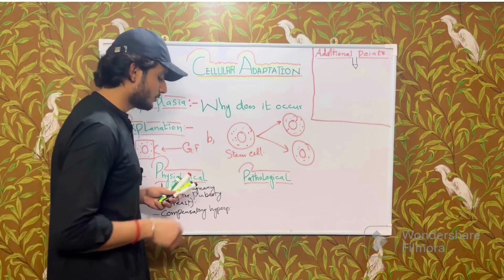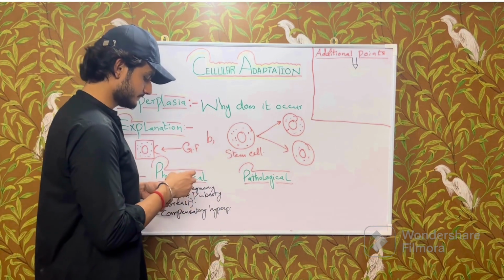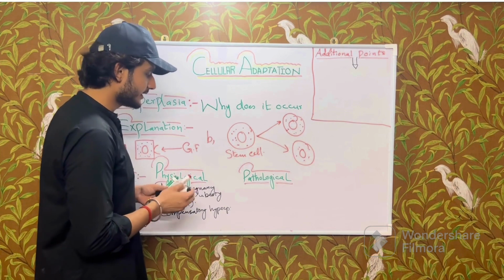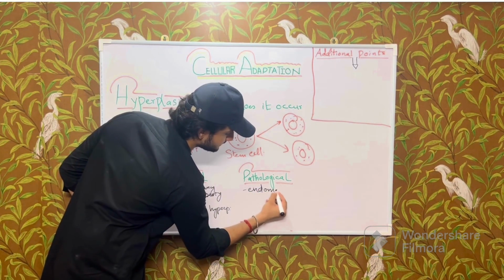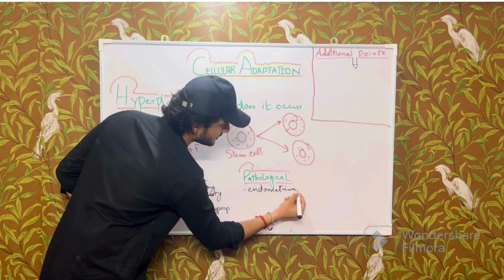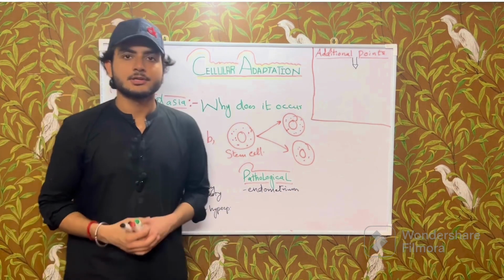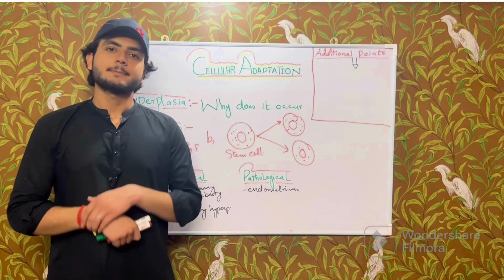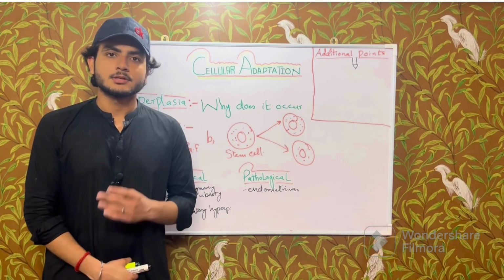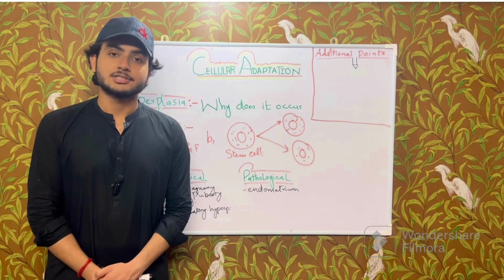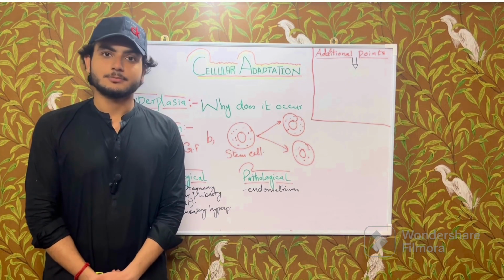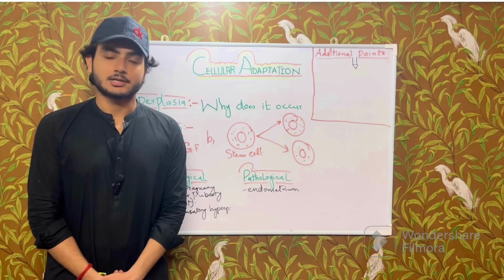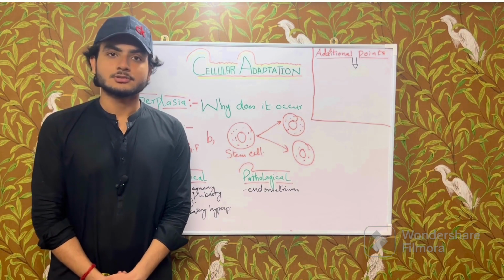Now let's talk about pathological hyperplasia. Pathological hyperplasia occurs in the endometrium. Why does it occur? After every menstrual cycle, there is a burst of cellular division in the secretory cells of the endometrium, which is controlled by two hormones, estrogen and progesterone.